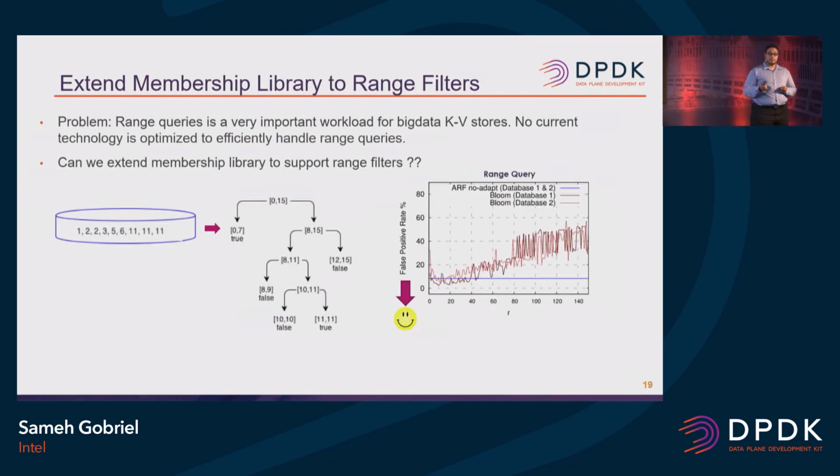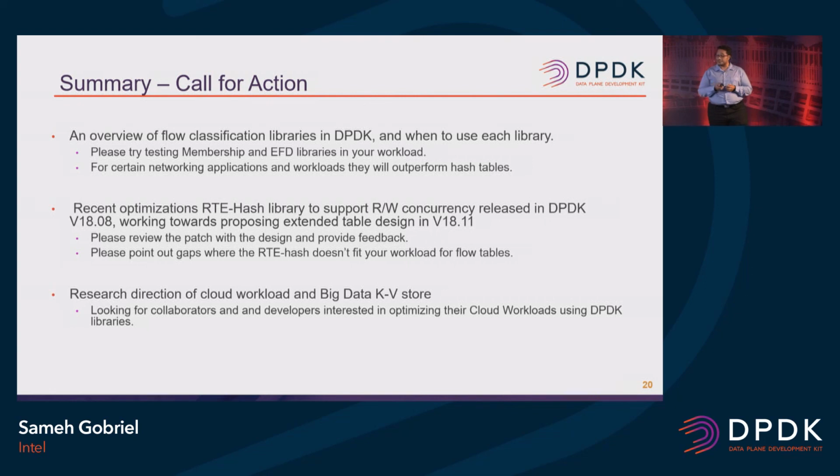Also, because range queries are very important for this kind of KV store, which means I get a key and ask whether I have this key in any of the ranges I'm looking for, we are thinking of extending the membership library to answer range queries, which is not supported today. So these are the two things that we are looking to use the membership library for. If anybody is interested in pursuing these ideas further, please let me know. This will be an interesting direction for us.